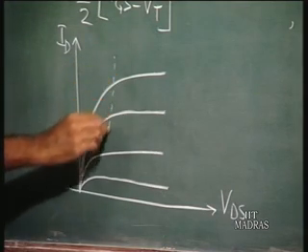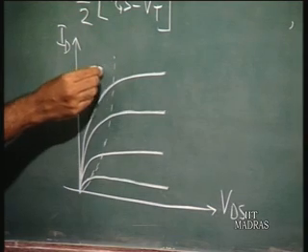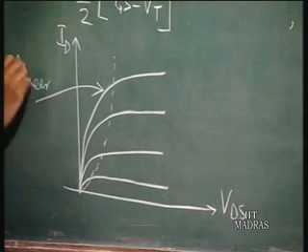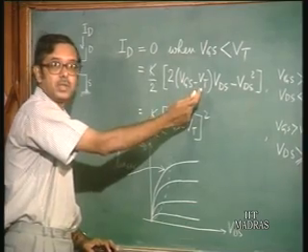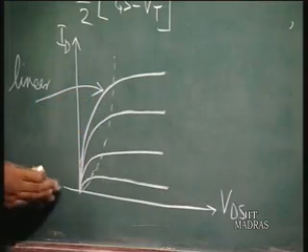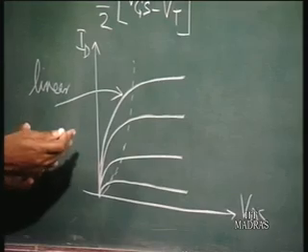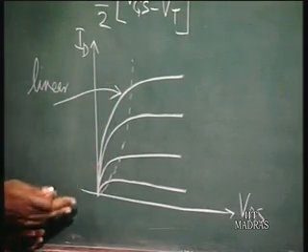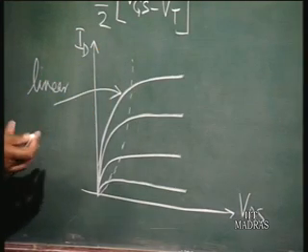This part of the characteristics to the left of this line is the linear region, that is when VDS is less than VGS minus VT. In this case the current increases with the drain to source voltage. It is almost linear, not exactly linear, and that is why it is called the linear region of the characteristics.